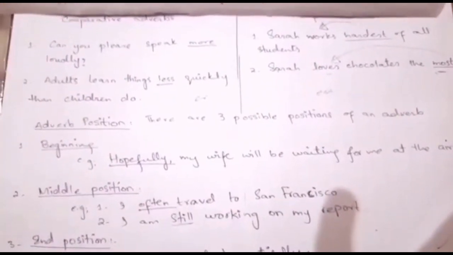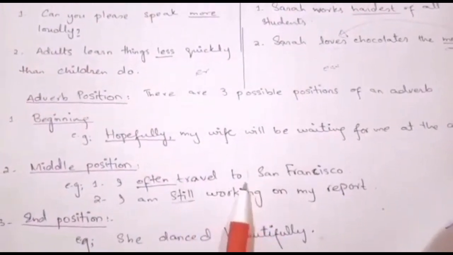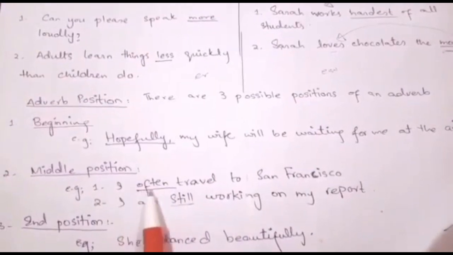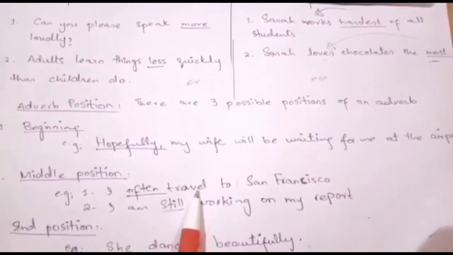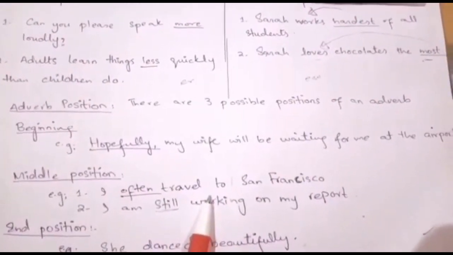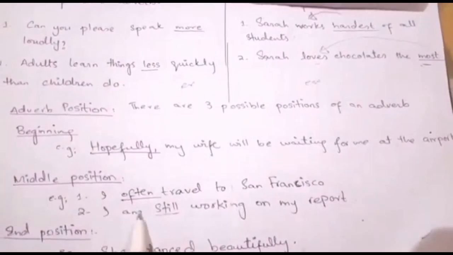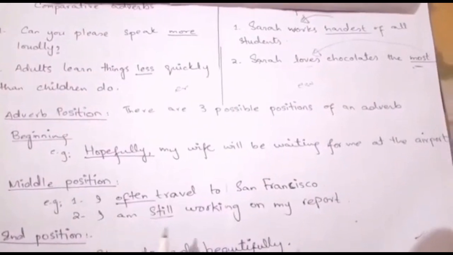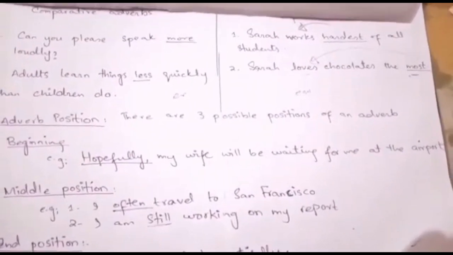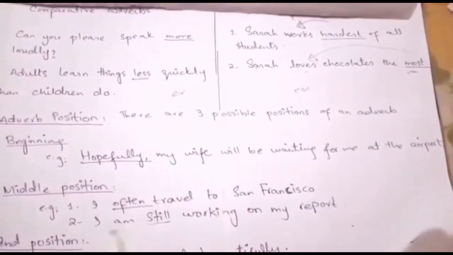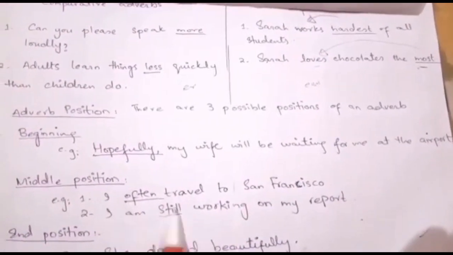In the first example, the word often comes directly after I and before the verb travel. In the next example, the adverb still comes after the helping verb am and before the main verb working. This is still called the middle position because it is not at the beginning or at the end. So this is the middle position of an adverb.